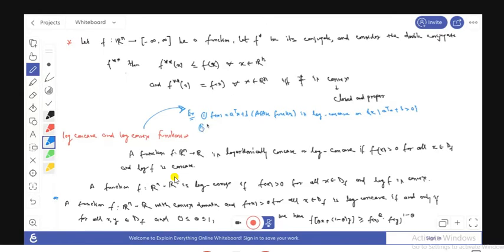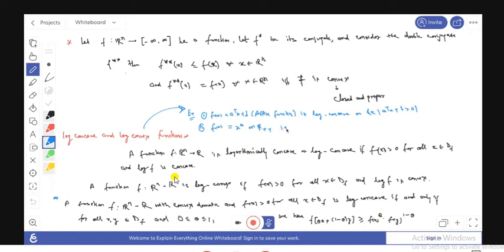Second example: suppose f(x) is a polynomial type function, x to the power a, on R plus plus.